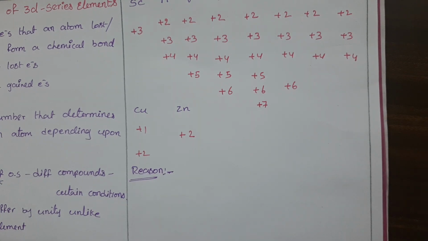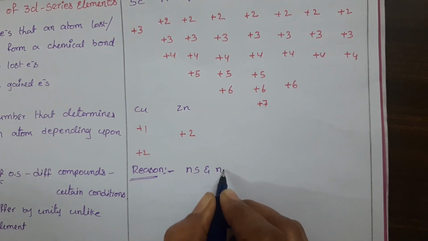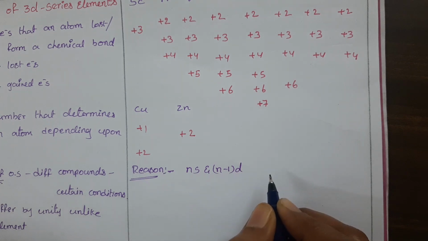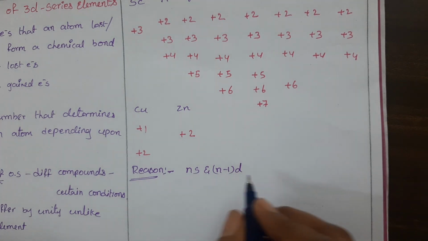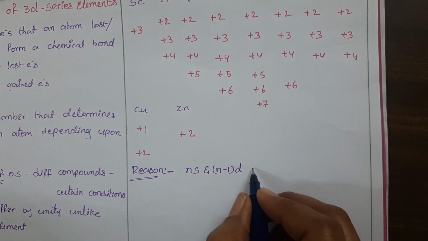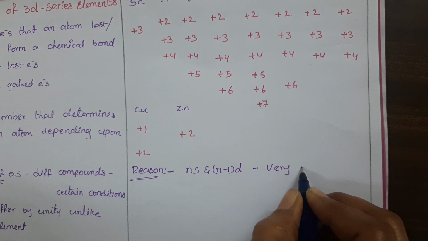Why are these showing variable oxidation states? The reason is the energy difference between ns and (n minus 1)d orbitals is very less.